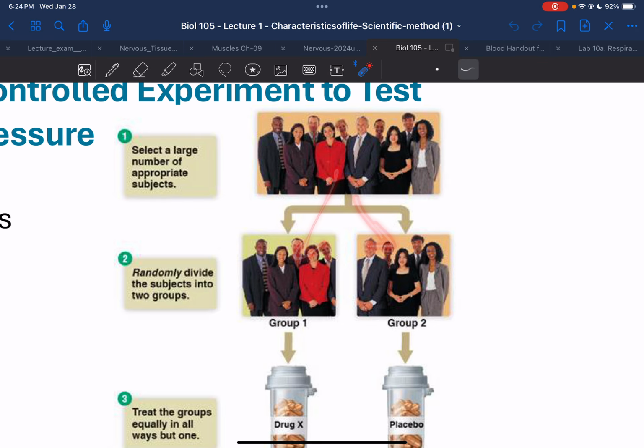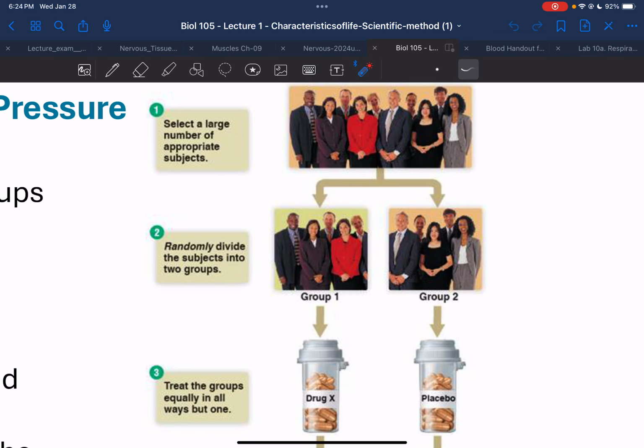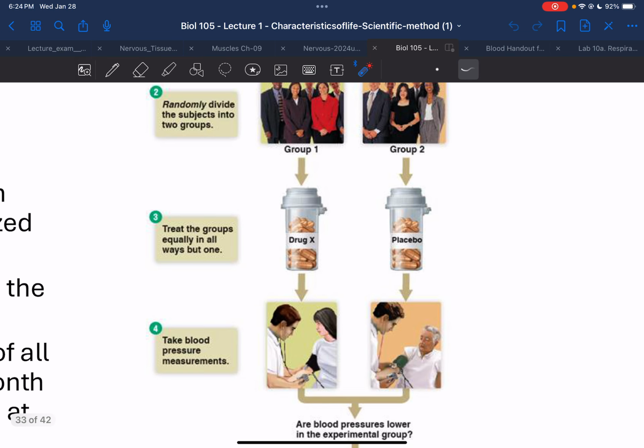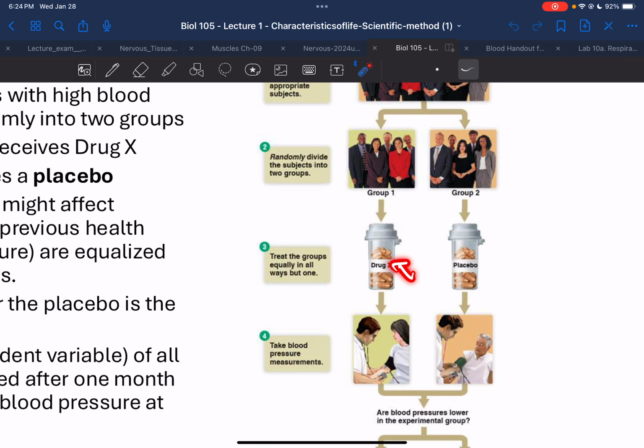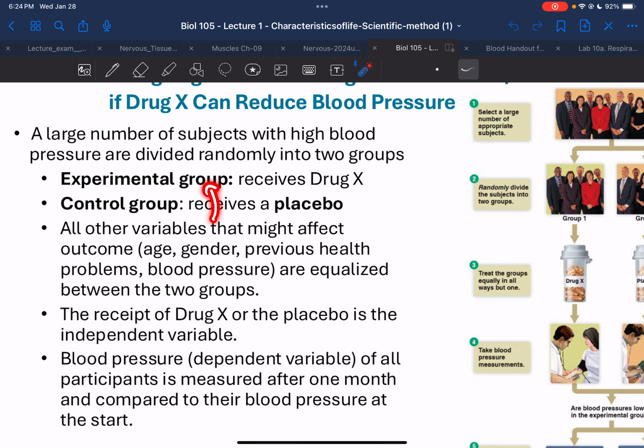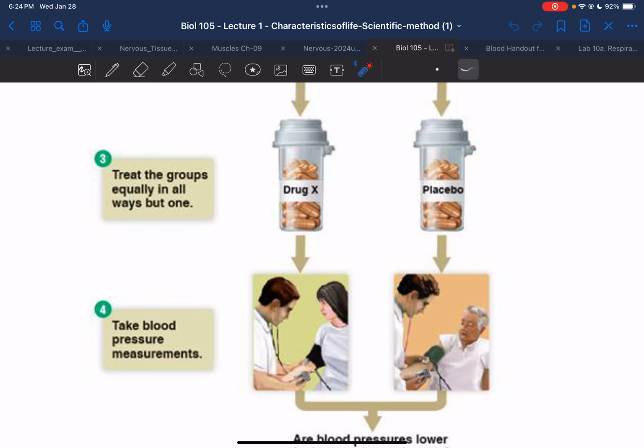You don't really know who goes where, men, women, you just kind of mix them up. And then you give one group your drug X and one the placebo. And so the one that gets drug X is considered your experimental group, because you will know that the results are based off of probably that drug.